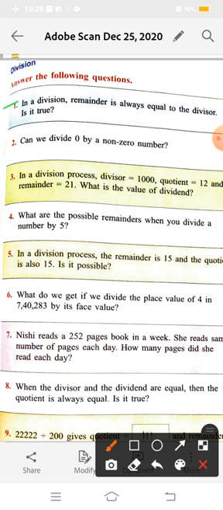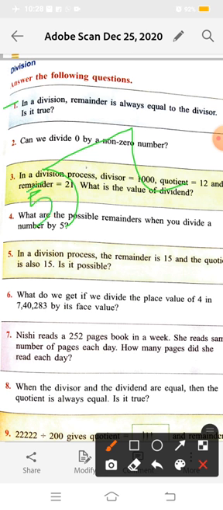Is it true? Divisor means we have 4 parts in a division. First is, suppose this is our number 5, it is known as the divisor.